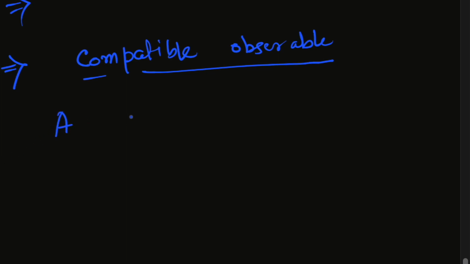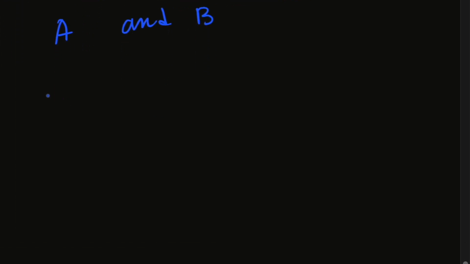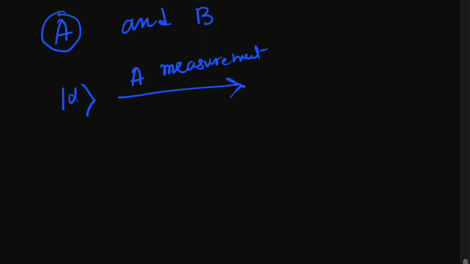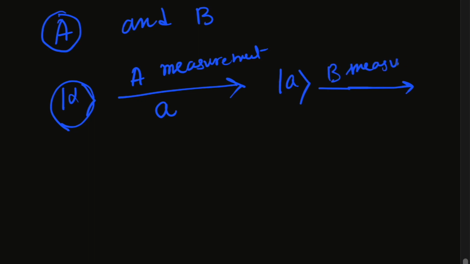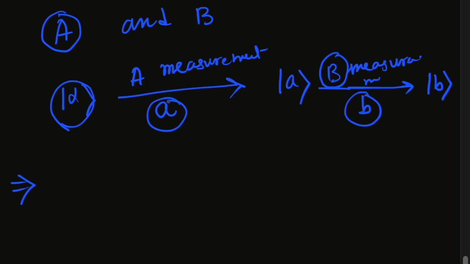If there are two observables A and B, suppose we measure a state alpha with A first, and get back A, and the state will be thrown into one of its eigenkets, suppose A. Then if we measure another observable B, we will get B and the state will be thrown into an eigenket of B.